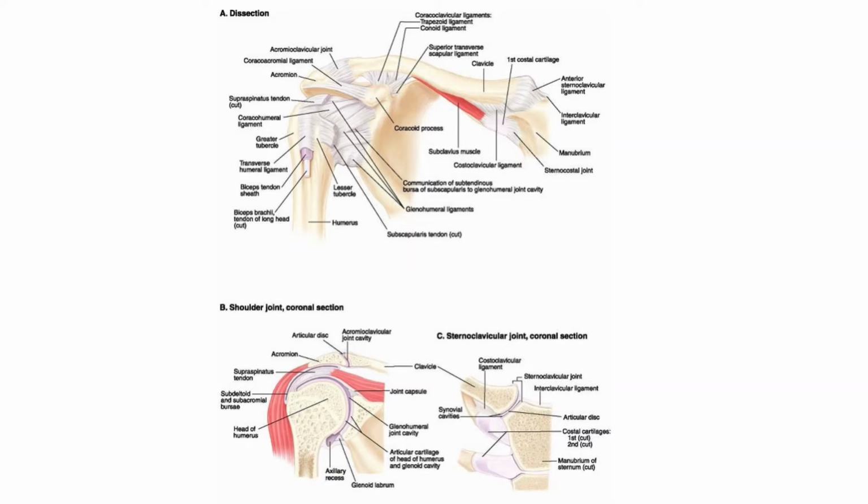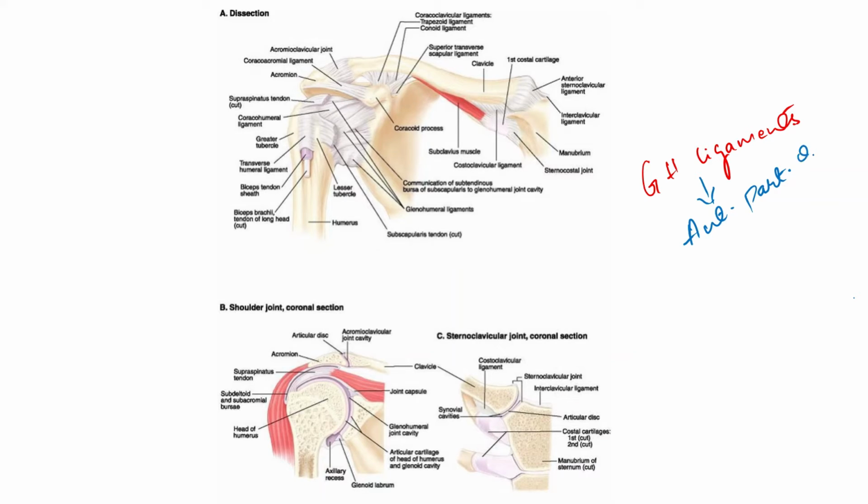The next ligament to be mentioned is the glenohumeral ligament. The glenohumeral ligaments are represented by 3 fibrous bands, which are actually the thickening of the fibrous capsule itself, that is, the anterior part of the fibrous capsule.